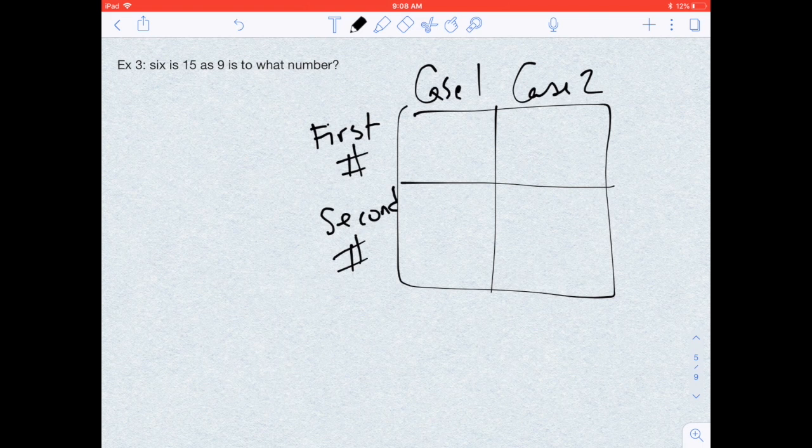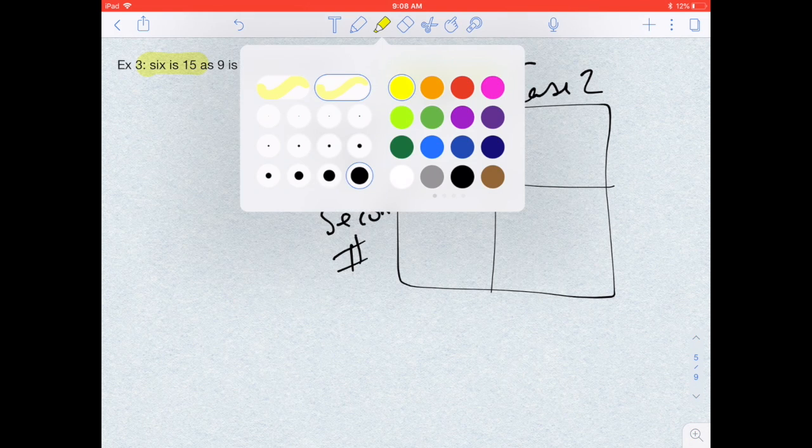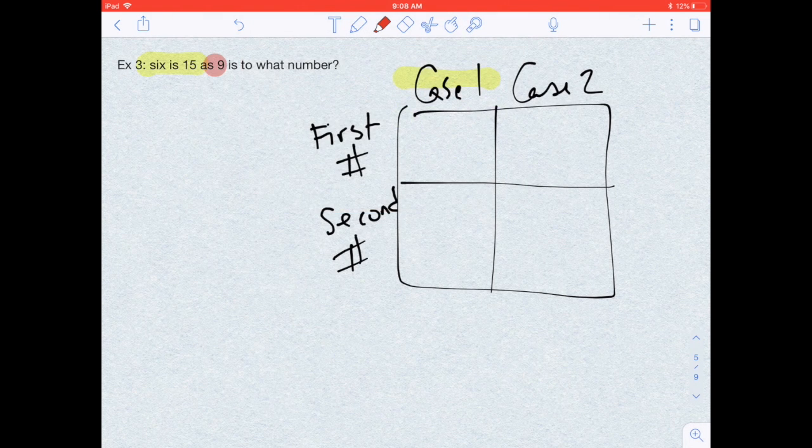And a lot of you are going to be able to look at this and already know what the relationship is, but go ahead and show your work on this. It will help you later, okay? So case 1 is 6 is to 15. Case 2 is 9, and we don't know what the second number is. So 6, 15, 9, N for number.